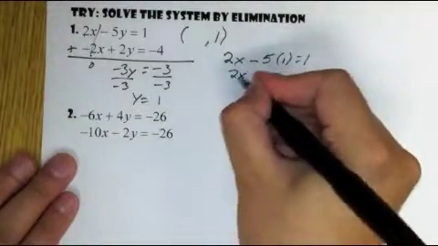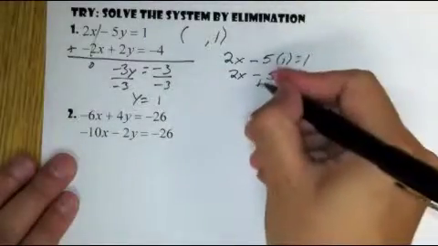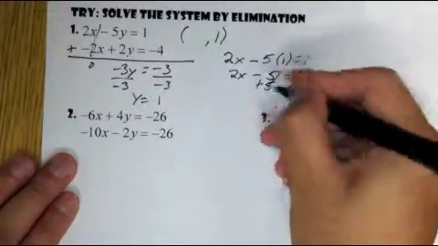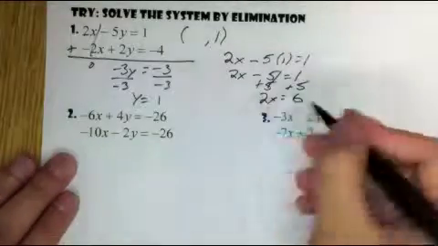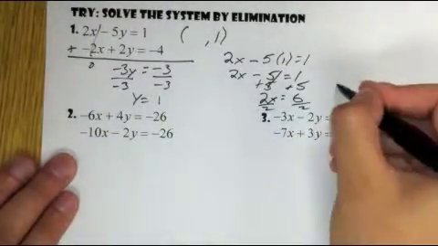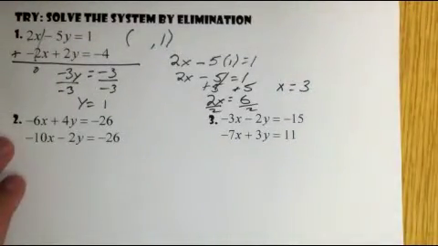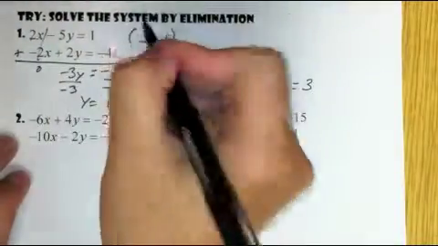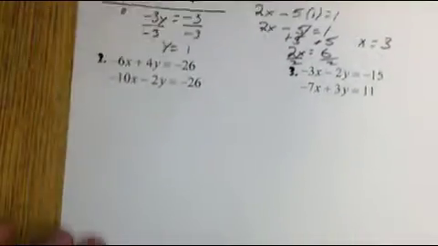We get 2x minus 5 equals 1. Add 5. We get 6. What do you think we got to do? Divide by 2. You should have gotten 3. Easy enough. 3, 1 is your solution. That's your intersection point.